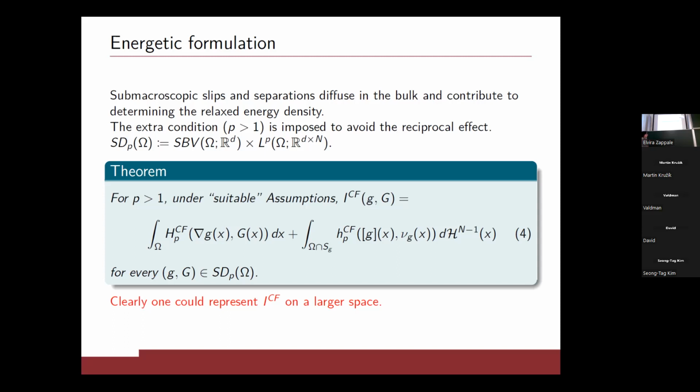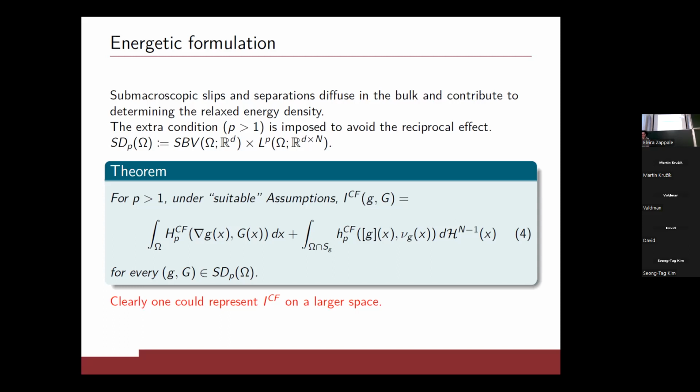Here, and in most of the things that I will say later, I'm focusing on the case where p is bigger than 1, which means that some assumption will be imposed on the original energy densities W, in the sense that I will restrict my attention to fields capital G which are L^p fields, and the convergence that I will consider, due to some coercivity imposed on this field W, will be the weak L^p convergence of the absolutely continuous part of the gradient of the simple deformation u_n to capital G. So when here I say SD^p of omega, I really mean that capital G is an L^p field.